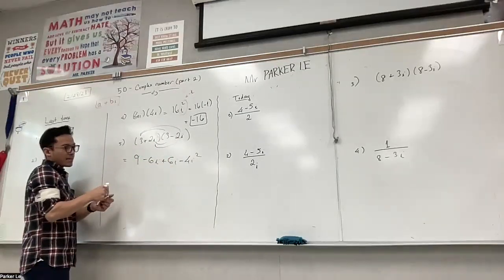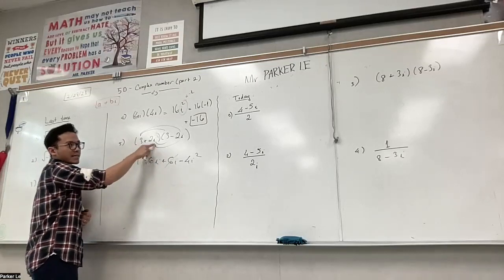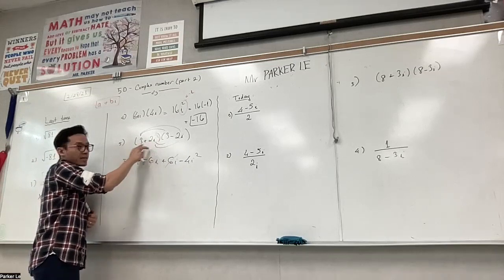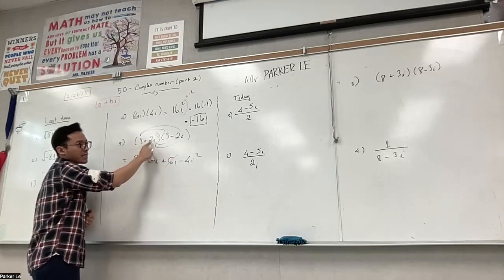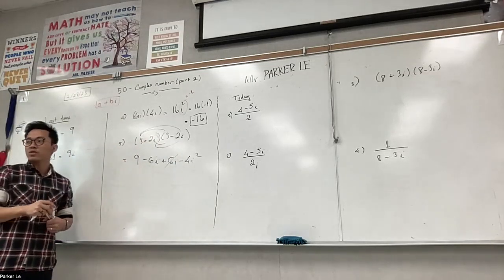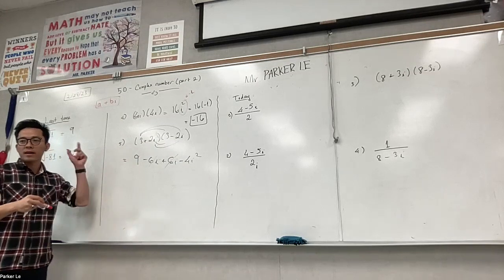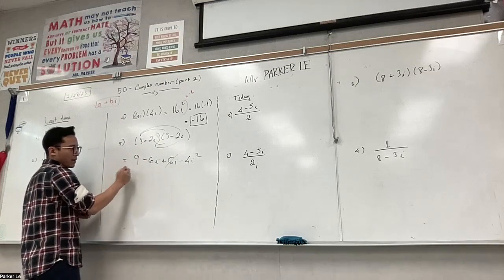All right. Do you see that the middle always cancels out? They always cancel out because they are the same set of numbers. You see two same numbers, 3 and 2i, 3 and 2i, just different on the sign. When that happens, you don't need to use FOIL. You just multiply front to front, back to back, because the middle is going to be cancelled out.